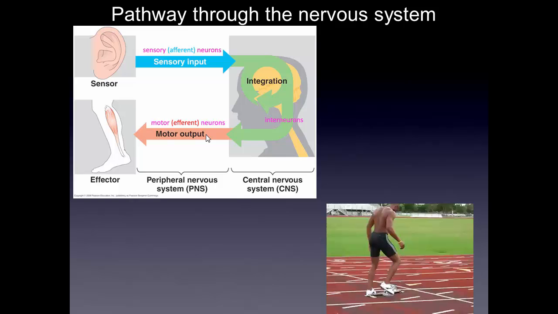Now there are some pathways. So sometimes we need to send this information all the way up to our brain, okay? So that it can be processed. And so this information comes in through what we call sensory neurons. These are neurons that lead into our spinal cord and brain.